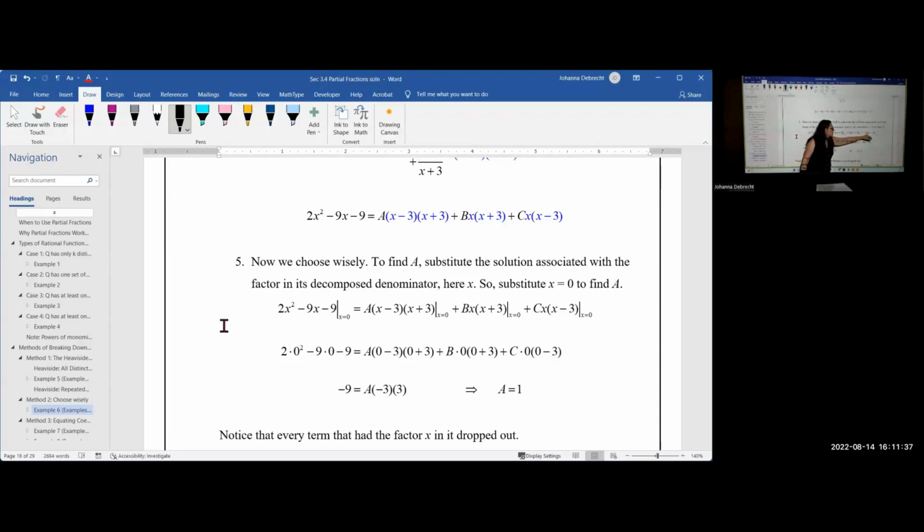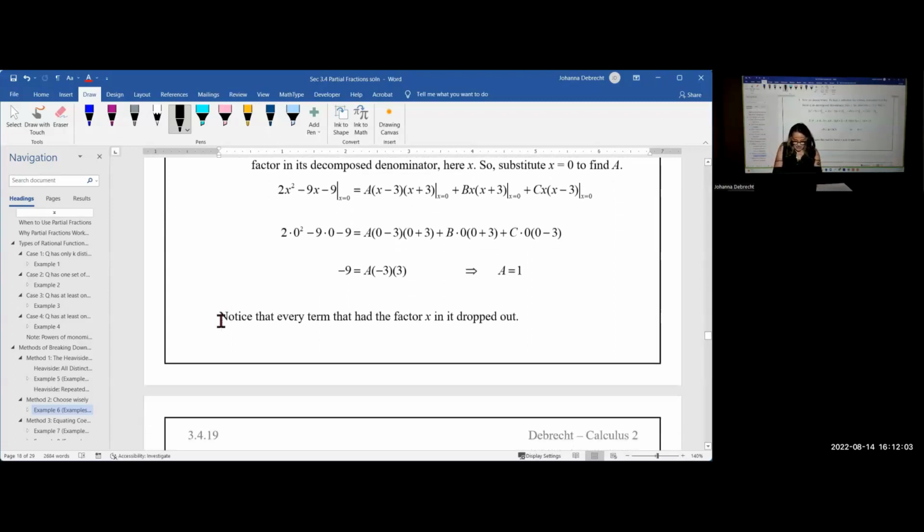So it doesn't matter what the other parts are. 0 times anything is 0. So the second two drop out. And we're left with a times 0 minus 3 times 0 plus 3, or negative 9a. So we end up with negative 9 equals negative 9a, and we get a equals 1. I know, it's beautiful, isn't it? This is my favorite.